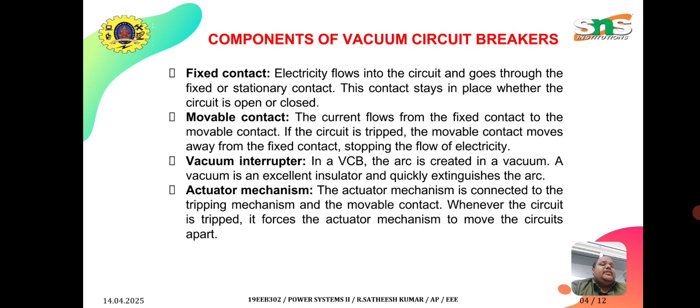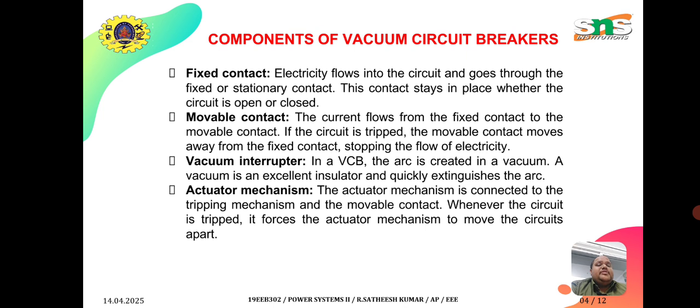In a vacuum circuit breaker, the arc is created in the vacuum. A vacuum is an excellent insulator and quickly extinguishes this arc. The next one is the actuator mechanism. This actuator mechanism is to create the movement and also a tripping mechanism.